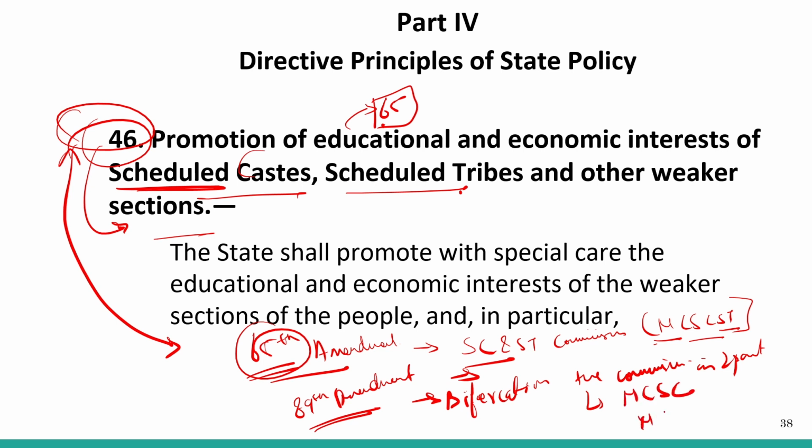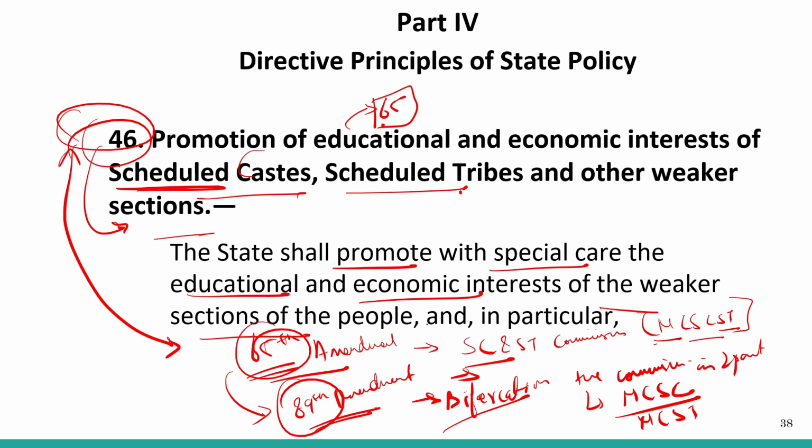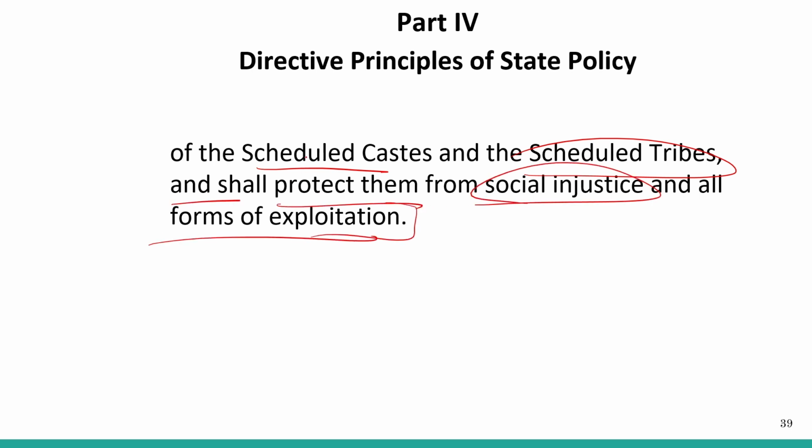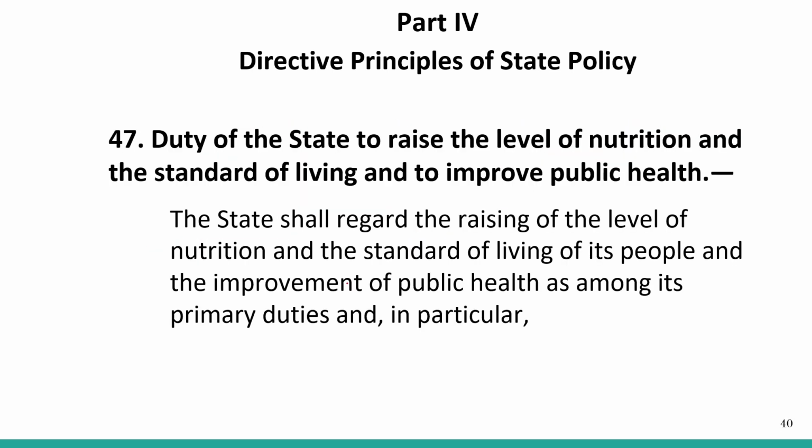So there was a bifurcation done by the 89th Amendment, and both the commissions ensure the promotion and special care of the educational and economic interests of the weaker sections of the people, in particular the Scheduled Castes and Scheduled Tribes, and shall protect them from social injustice and all forms of exploitation. Scheduled Caste and Scheduled Tribe are mentioned under the different schedules, which specify who will be considered Scheduled Caste and who will be considered Scheduled Tribe.